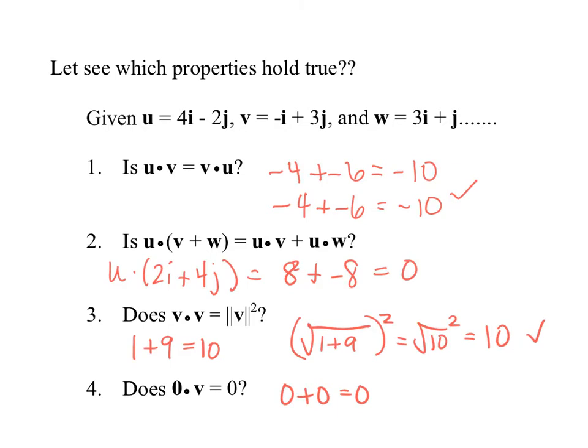Even if it doesn't equal 0, it is true. Lastly, if you do a dot product with itself on a vector, you end up finding the square of the magnitude of the vector. And a dot product with the 0 vector will always equal 0.